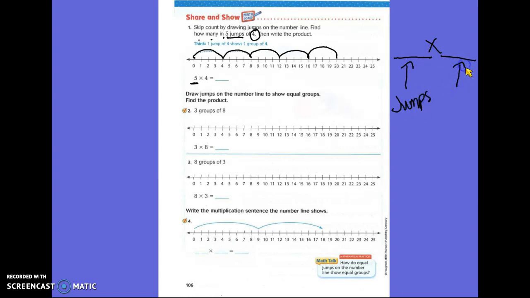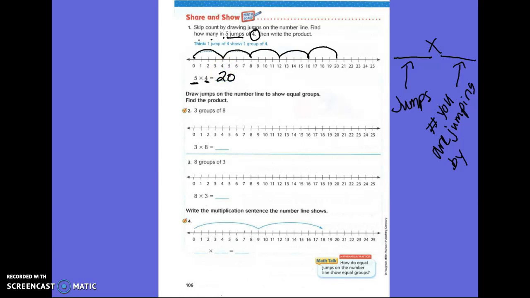Then your second number is the number you are jumping by. Okay, now what do we get with our answer? 20.